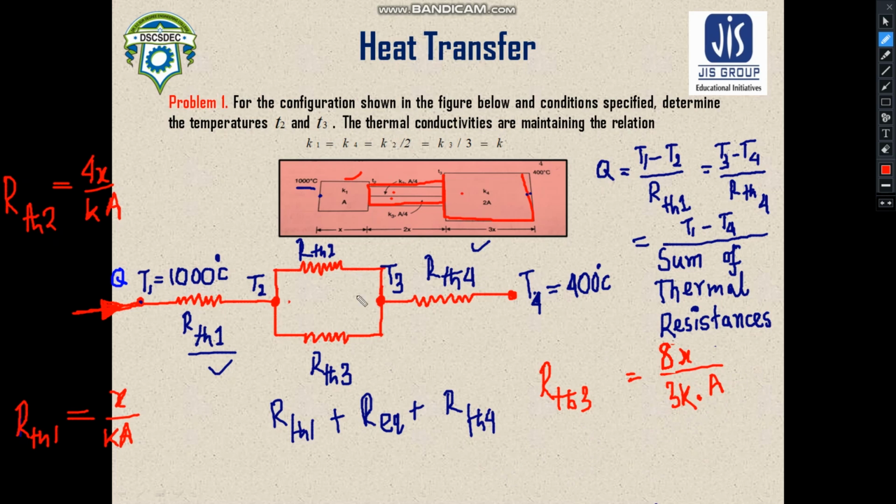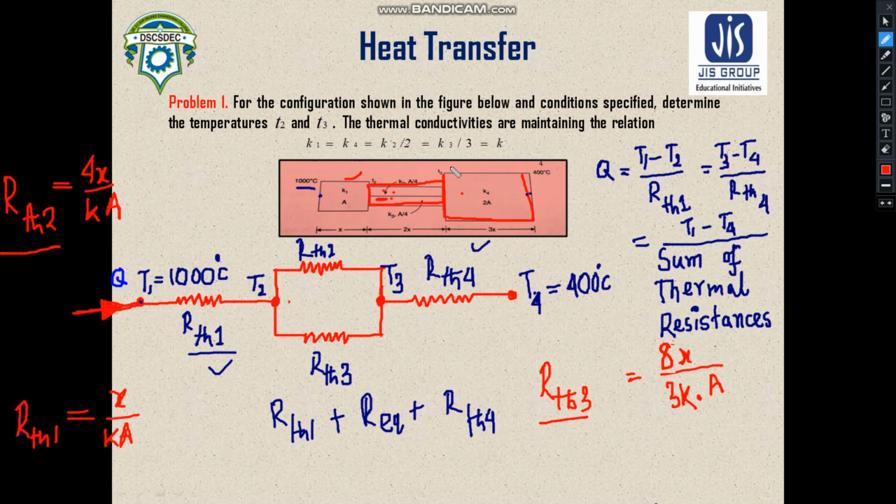So ultimately we find that the thermal resistance for this wall would be 8x by 3Ka. Now see, this wall for which the thermal resistance is RTH2 and this one for which the thermal resistance is RTH3, they are arranged in a parallel way. Now we are interested to find the equivalent resistance.